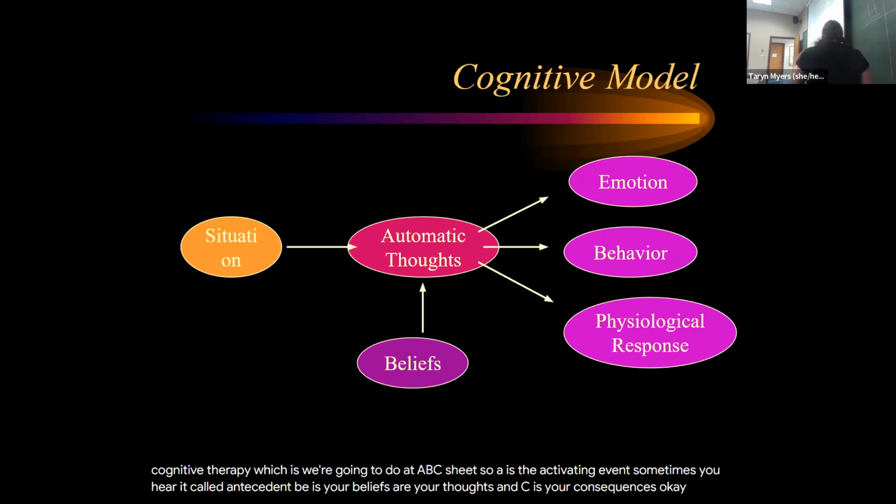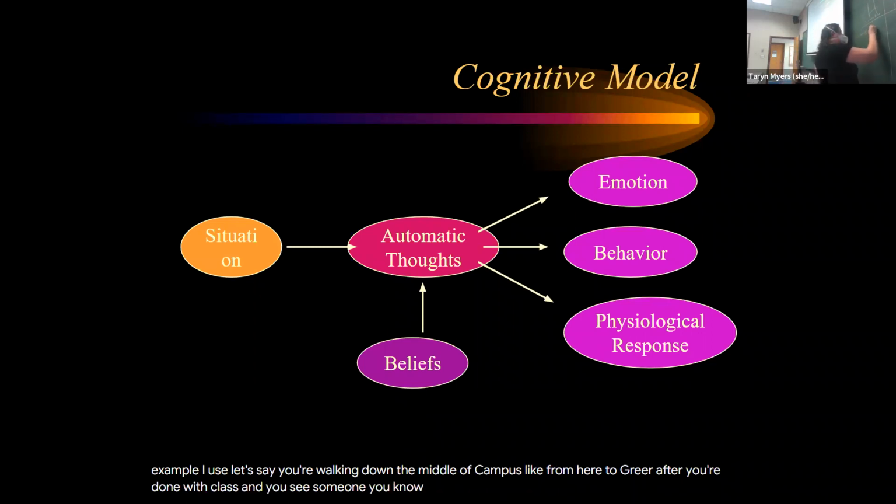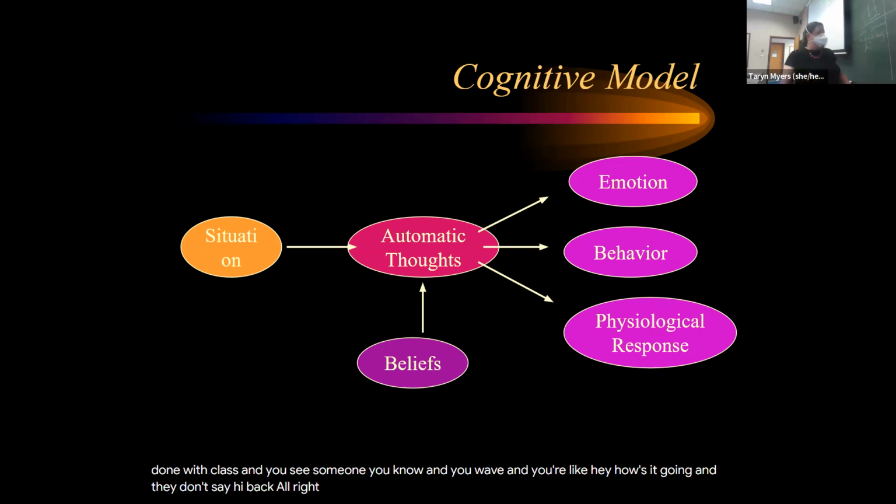So the example I use: let's say you're walking down the middle of campus, from here to Greer after you're done with class, and you see someone you know, and you wave and you're like, hey, how's it going? And they don't say hi back. So what are some beliefs? What are some automatic thoughts you could have in that moment?